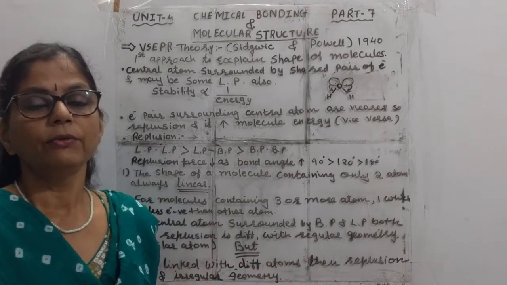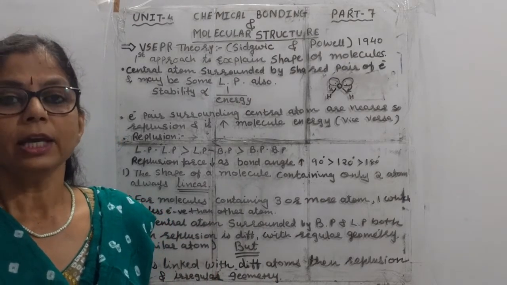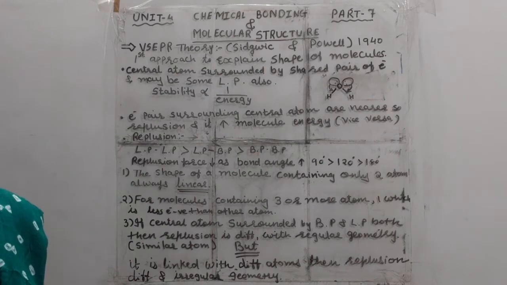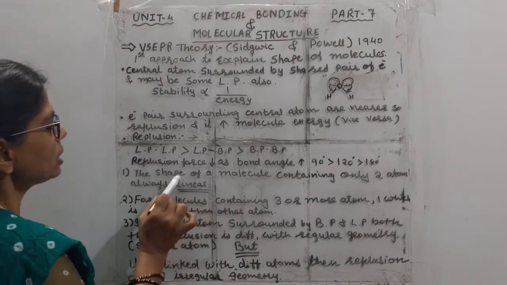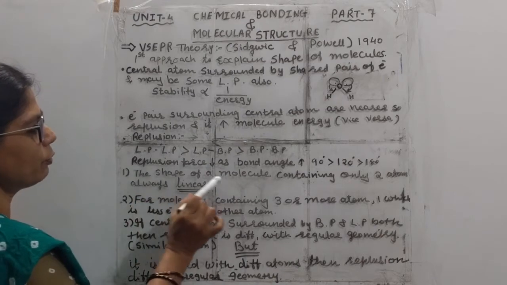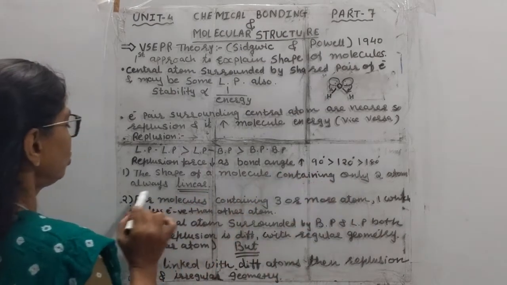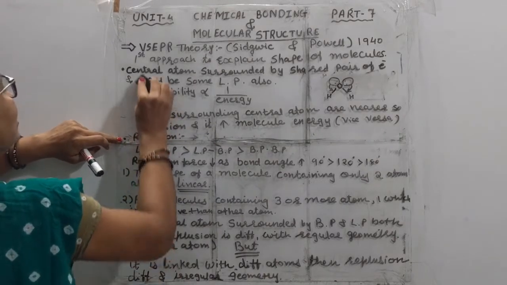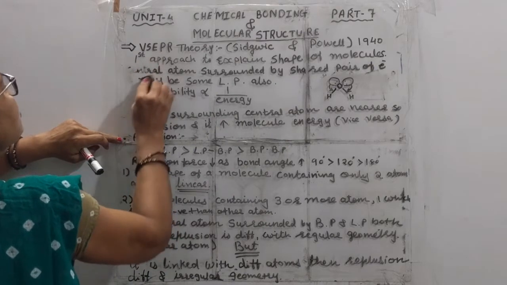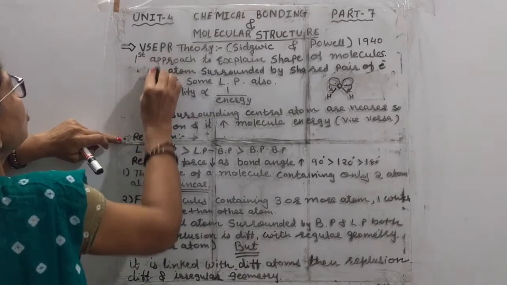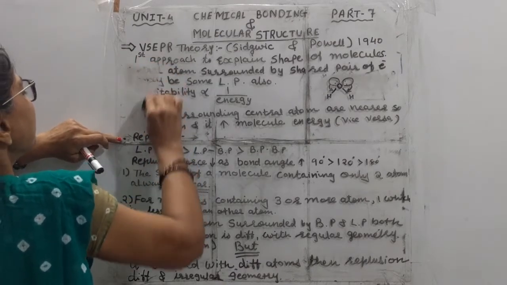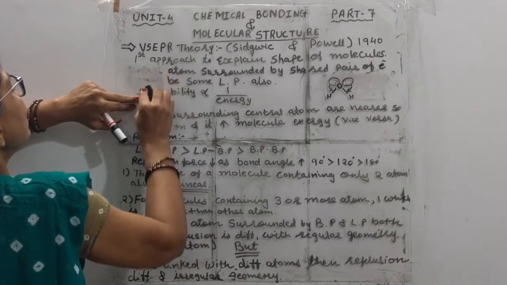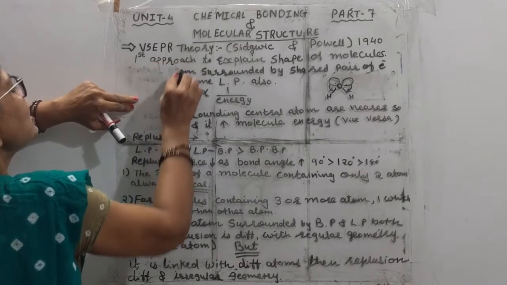Now from this we'll get an idea, if only two atoms are there in the molecule with the central atom, the shape is always linear, means the shape of a molecule which contains only two atoms. So this example also I am explaining to you, student, as we have studied this example in the previous video also, but just for remembrance, revising is a must. So we will take the example of BeCl2.